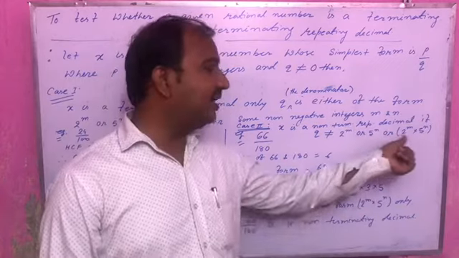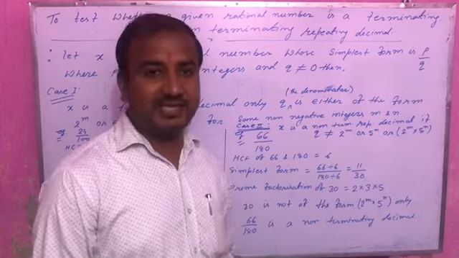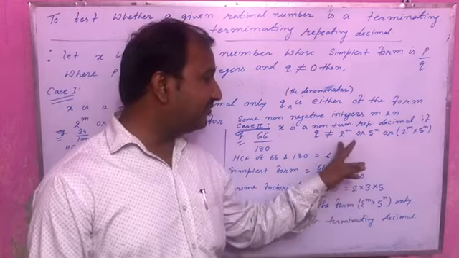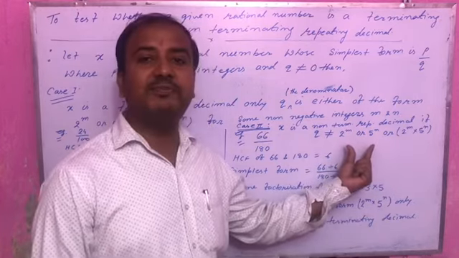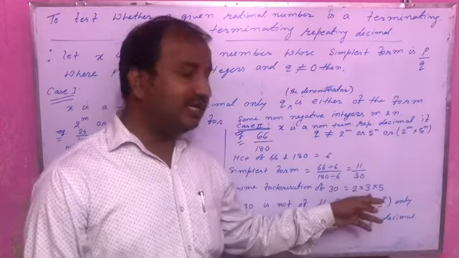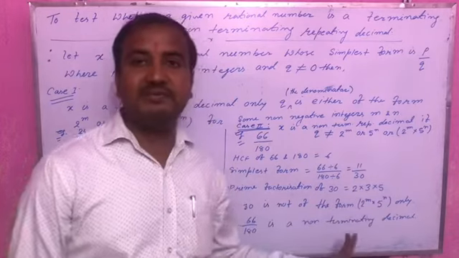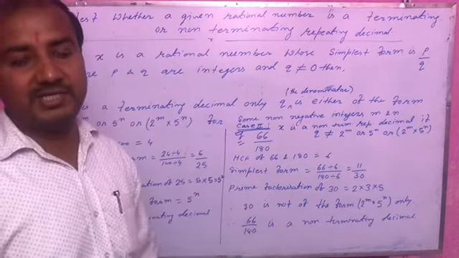Denominator इसके अलावा कुछ और नहीं होना चाहिए. But here, as you can see, denominator is not only of the form of this one or this one. Actually, the denominator has 3 also. Hence, the decimal expansion will be non-terminating.